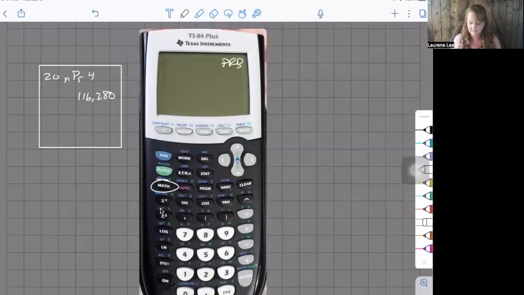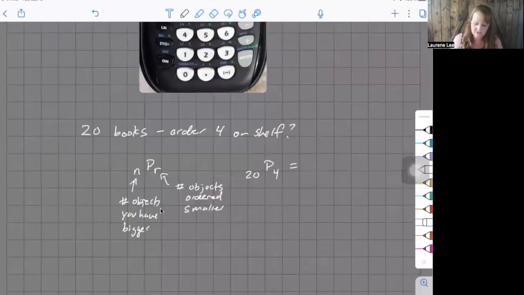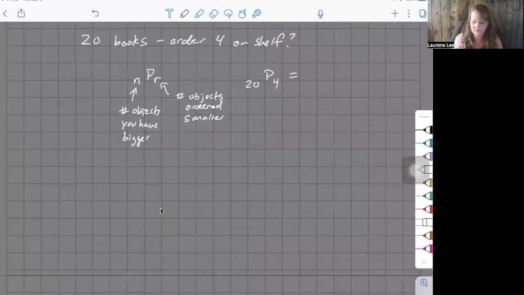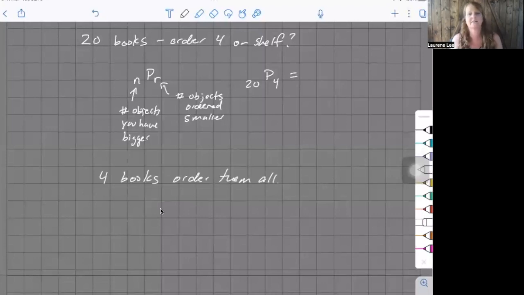Okay. Now this situation, let's jump back to our original situation where we had 4 books and we wanted to order them all. I did that using factorial just to introduce that notation, but this is actually just a straight up permutation. What's happening here, though, is that your n and your r are equal.